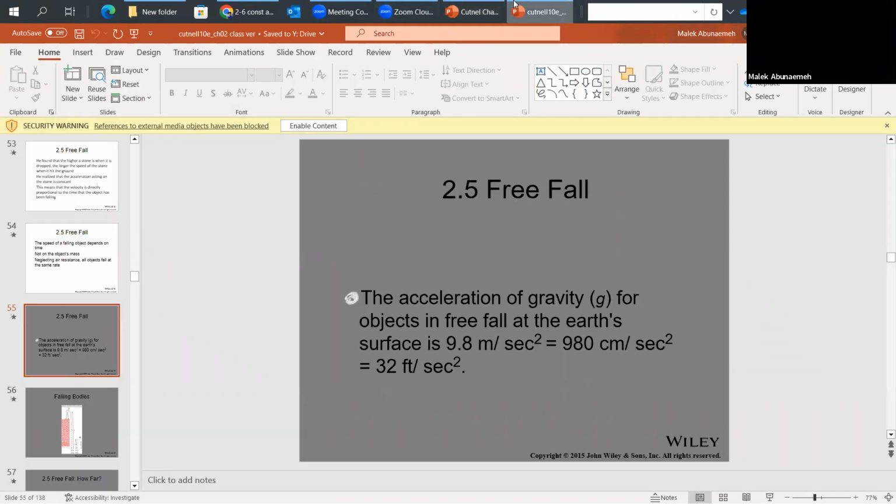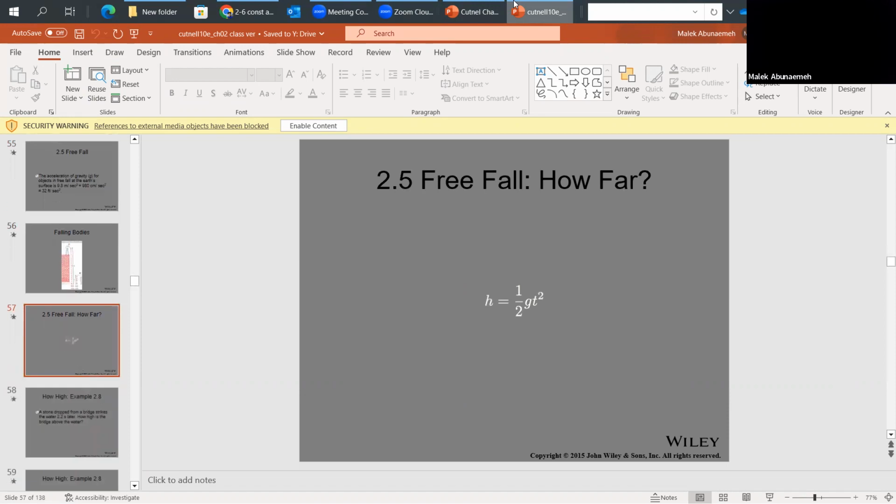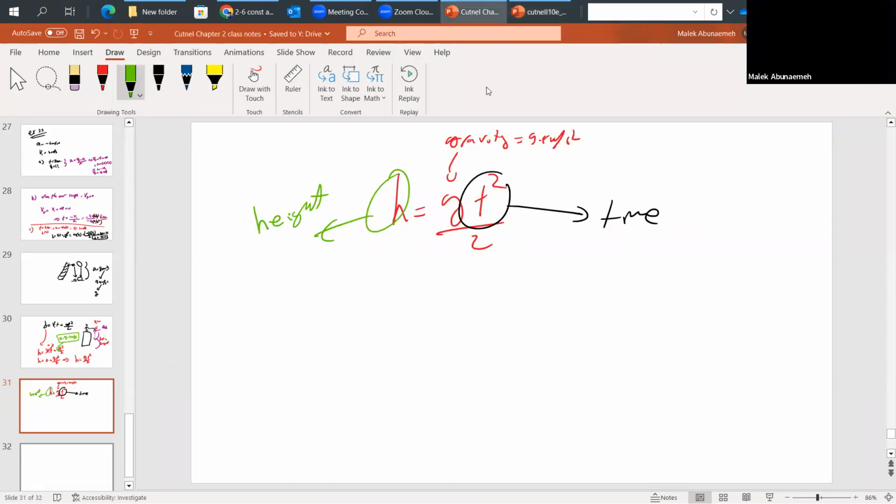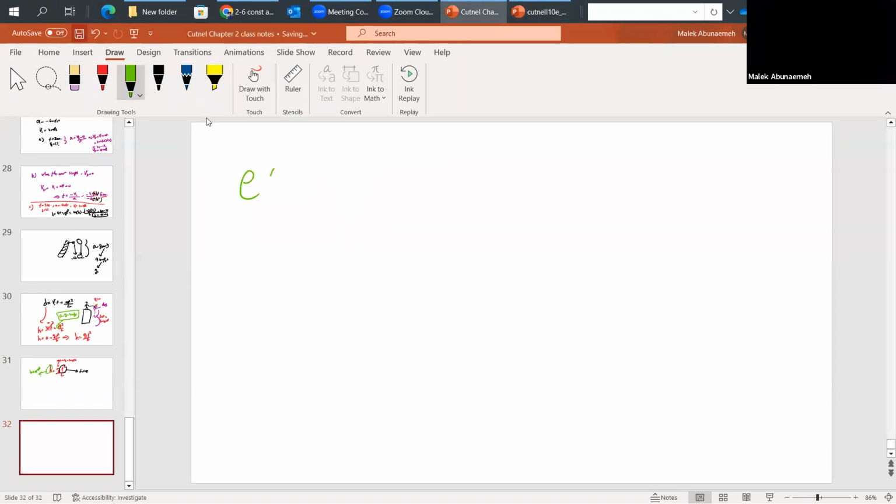So when we're talking about an example over here, example 2.8: a stone dropped from a bridge strikes the water 2.2 seconds later. How high is the bridge above the water? Okay, so we got your 2.2 seconds. So this is going to be example 2.8. Your time is 2.2 seconds, and you're looking for your height.